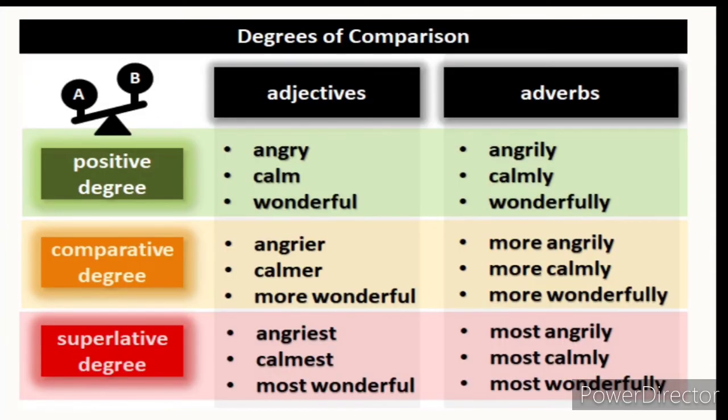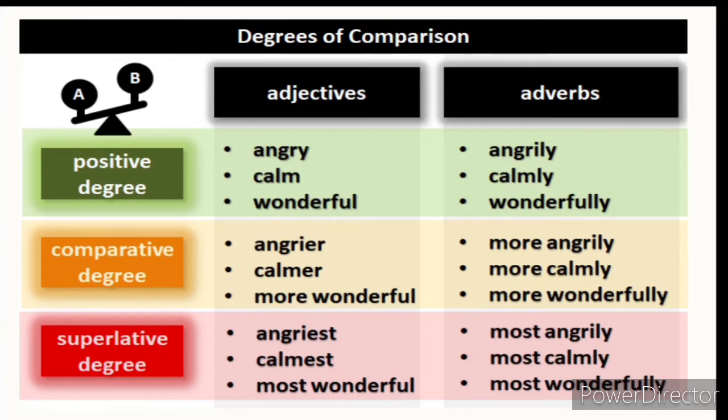And next, degrees of comparison. This is the example of positive degree, comparative degree, and superlative degree. In positive degree, the adjectives angry into angrily in adverb, calm into calmly, wonderful into wonderfully.